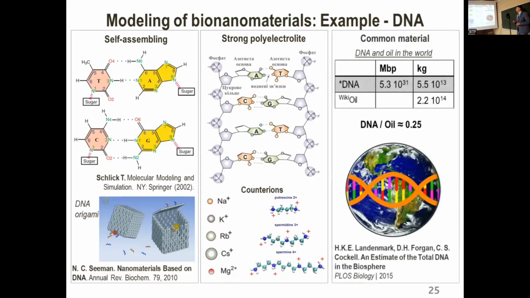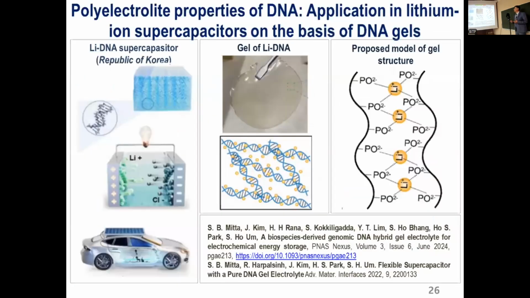The last important feature that I would like to mention is that DNA is everywhere, and this is an abundant material that we can find and we can use. The amount of DNA is comparable to the amount of oil in the world, and this is a huge amount, which allows us to use DNA in a practical sense.